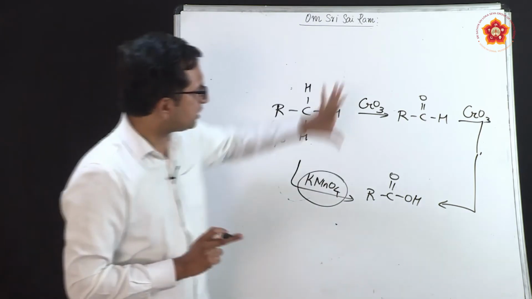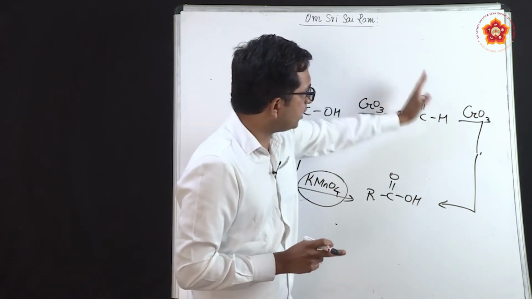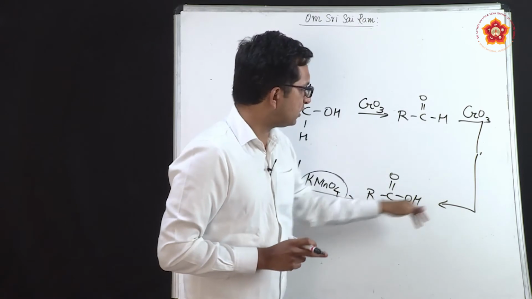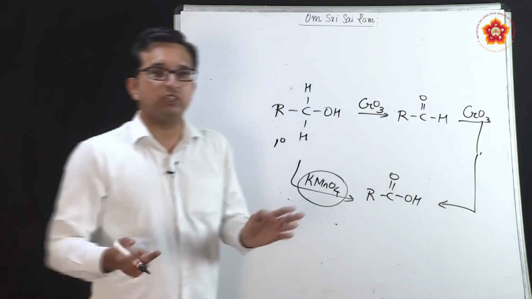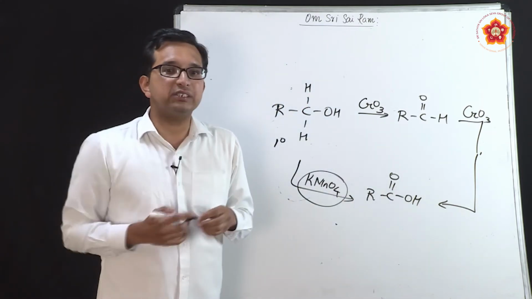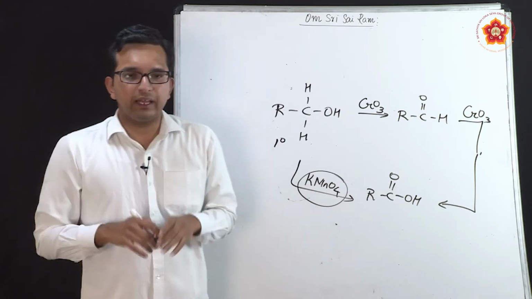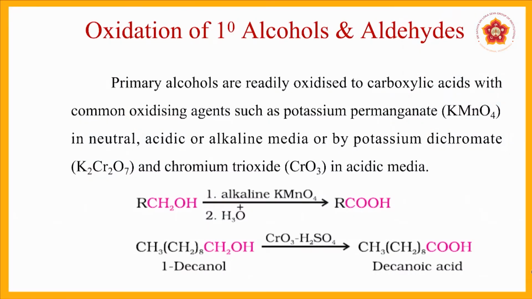It just means that aldehyde was formed and a continuation of this reaction went further to the formation of carboxylic acids. So, this is what we see in these systems, where primary alcohols react with alkaline KMnO4, which is a strong oxidizing agent, and on hydrolysis give us carboxylic acids.